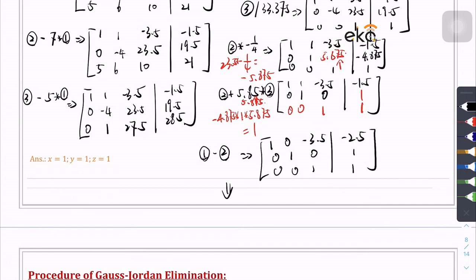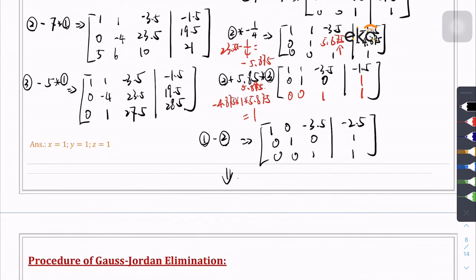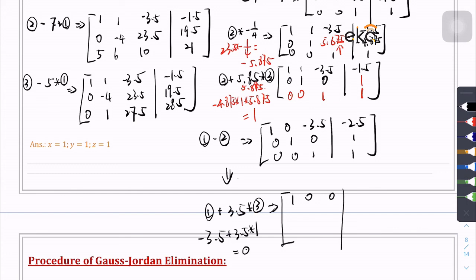Then the next step is the first row plus 3.5 times the third row. This gives us 1, 0, and -3.5 plus 3.5 times 1 is 0. Then the next one is -2.5.